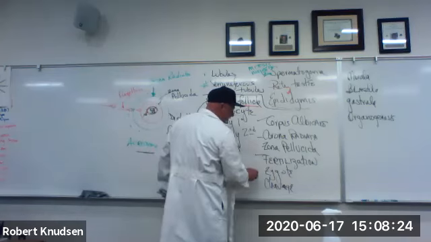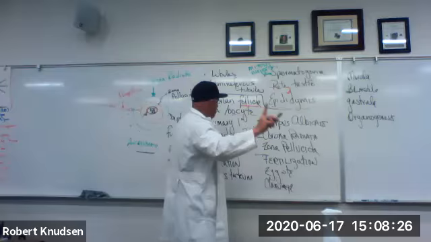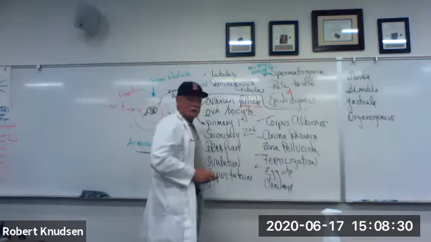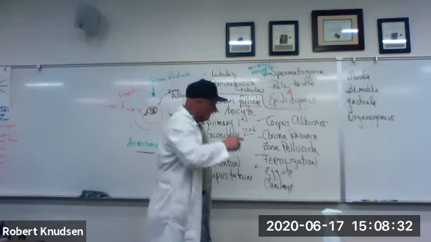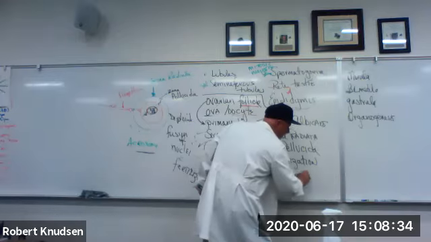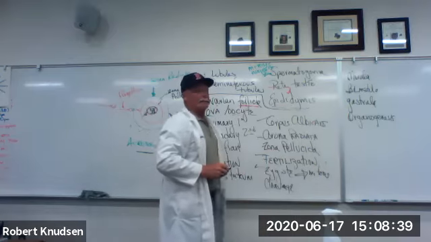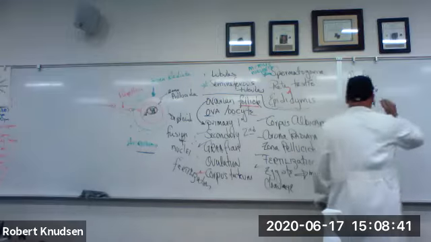Okay, fertilization. One egg, one sperm forms one cell called a zygote. Once a zygote is formed, we're right back to mitosis. Got it? And then you go to a morula.